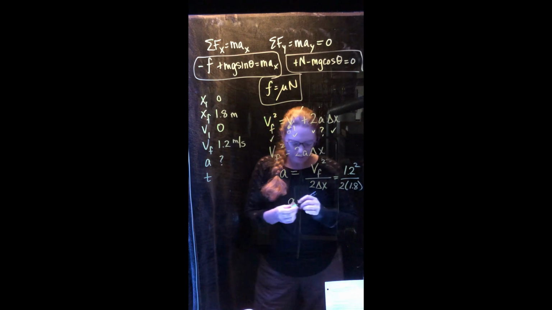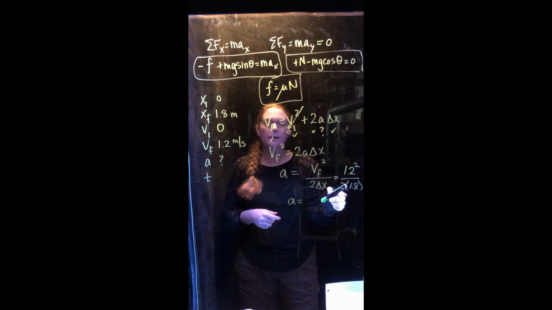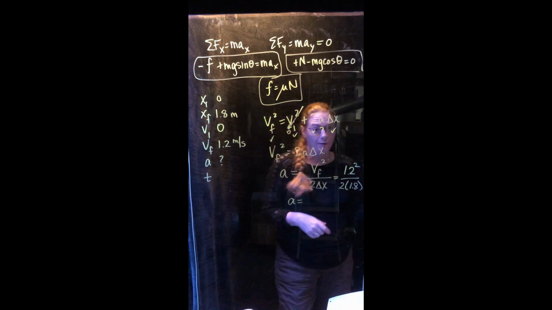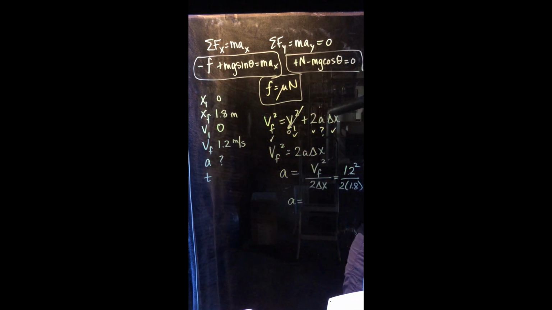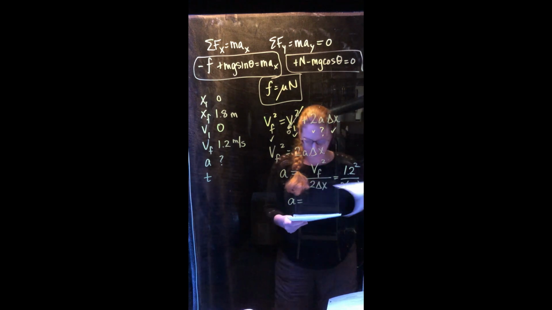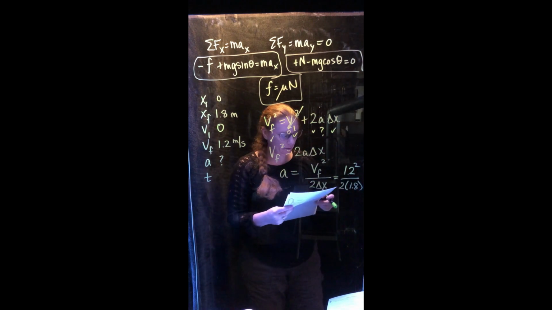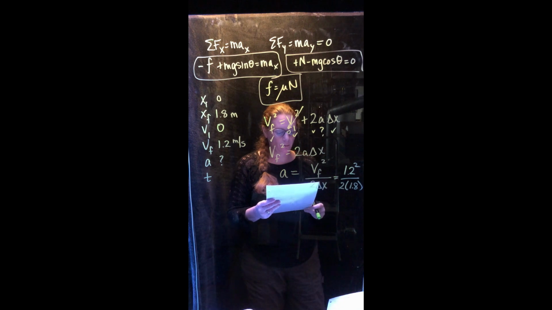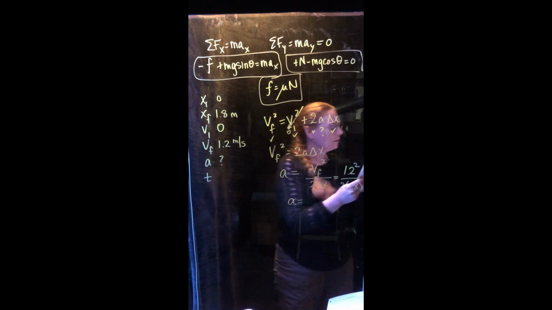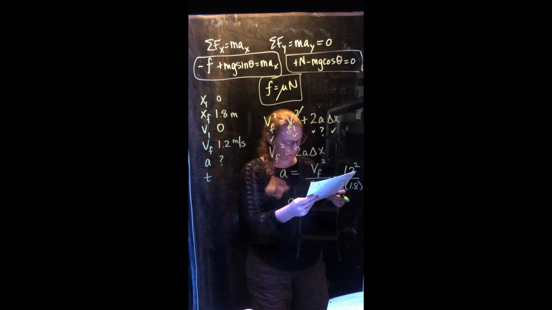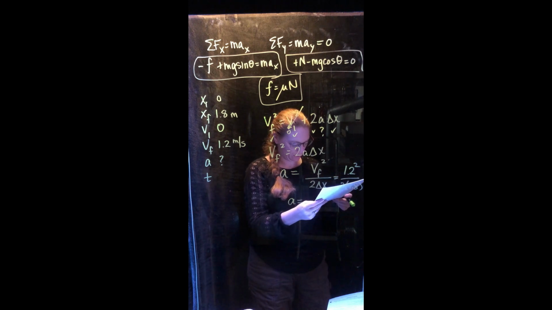All right, grab a calculator and find out what that acceleration is. And hopefully I have my notes here too. Oh, good, I do. Okay, so 1.2 squared over 2 times 1.8.